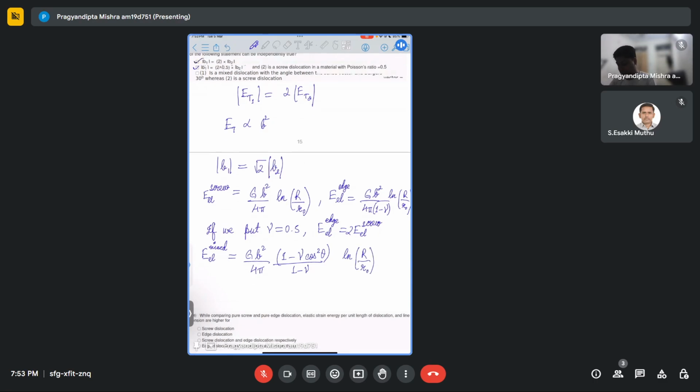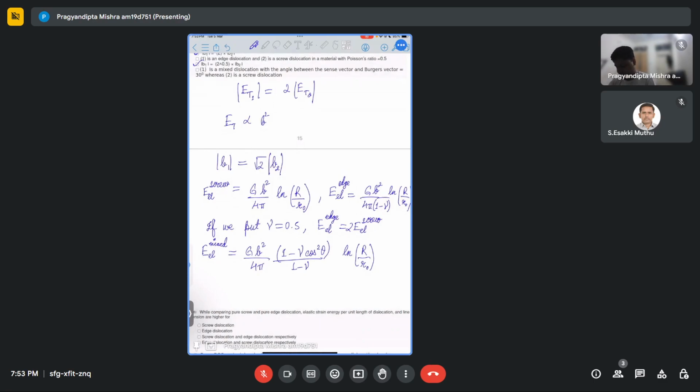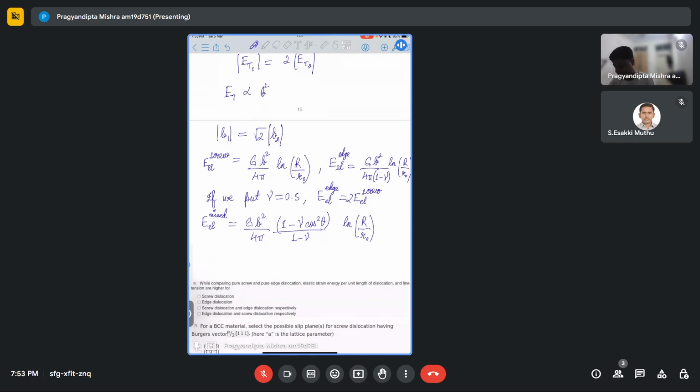While 2 is a screw dislocation. So if I substitute and solve this, I will get G b square by 4 pi ln of R by R naught. Those terms are common. This is the exact term common to screw, times something, and that something is determined by the middle term. Let me just calculate that. Just give me a second.